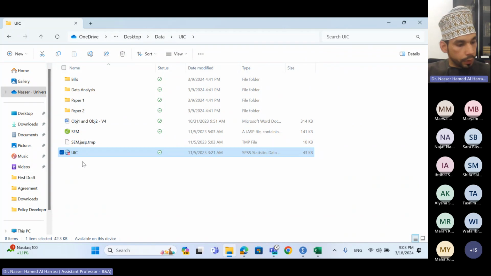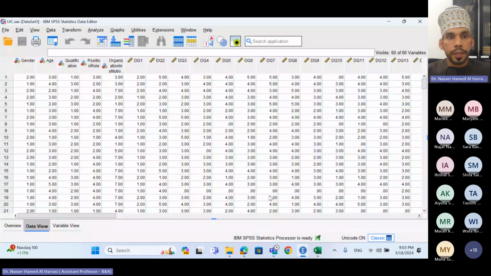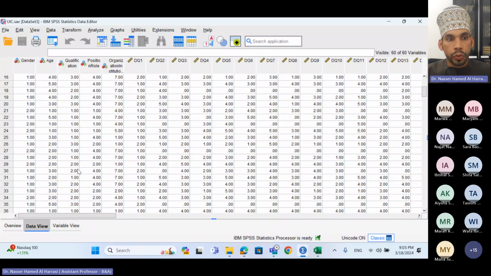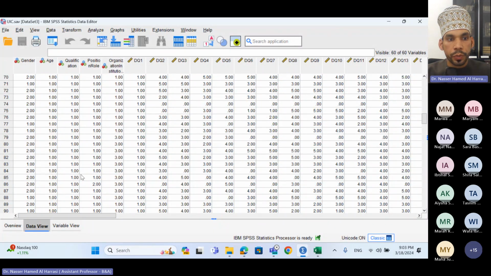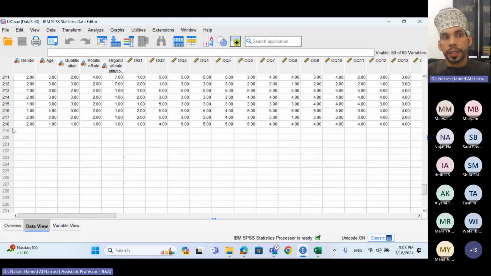Yes, let me open it. Okay. See, this is another data set consisting of more respondents. How many respondents are we having? Almost 218 respondents.